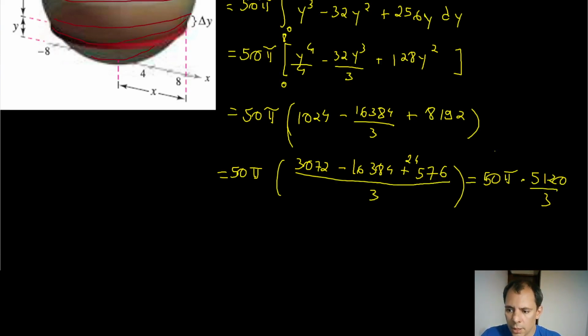So you have that, okay, so this is gonna be, actually guys, I made a mistake in here. Adding all these things up, you have 11,264 in here. Now you do 11,264 times 50 times 3.14 divided by 3.